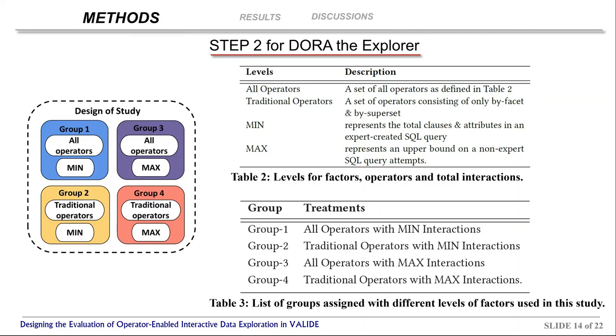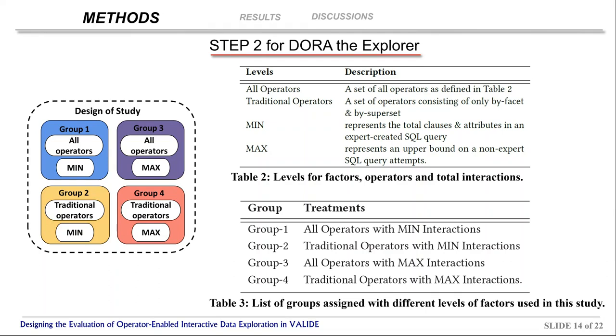Step 2 involves deriving the factors and their corresponding labels. Since the developer designed Dora such that it consists of new operators and improved data exploration effort of the users, we derive factors such as operators, with labels all operators and traditional operators, and factor interaction, which consists of labels min and max, as described in table 2.